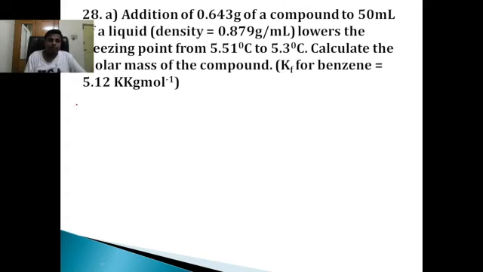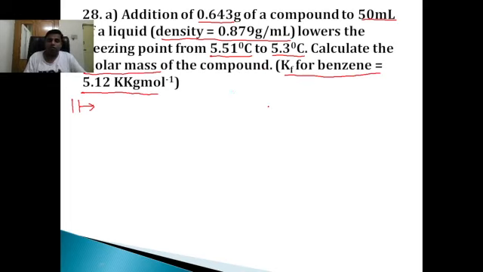It says addition of 0.643 gram of a compound to 50 ml of a liquid of density 0.879 gram per ml lowers the freezing point from 5.51 degree centigrade to 5.3 degree centigrade. You have to calculate the molar mass of the compound. Given Kf for benzene is 5.12 Kelvin kg per mole. All the relevant data is given. Only thing you have to do is apply the formula and get the answer.